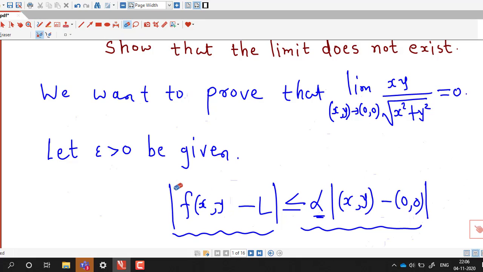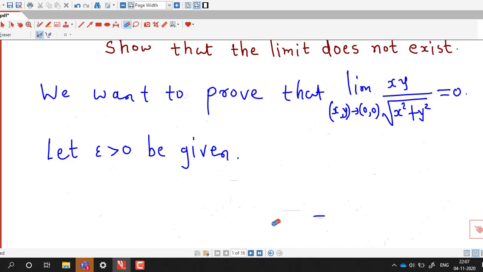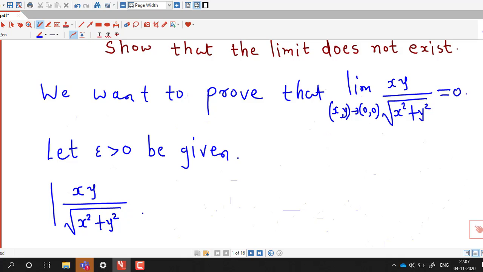So we start from this, f(x,y) minus L. Here limit is 0. We want to prove that limit is 0. So we start with f(x,y), which is xy over square root of x square plus y square minus 0. We try to establish that type of relationship.